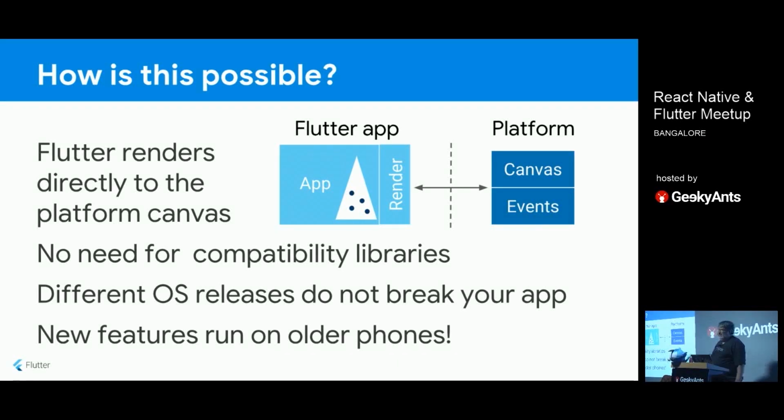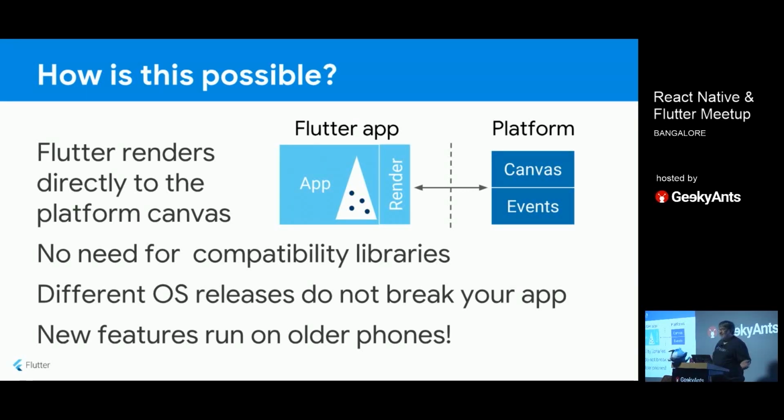Well, you just download the latest version of Flutter, recompile, and you're done, because that's built in. So new features run on older phones, and since you have the new version of Flutter, it will have that new feature on every old platform as well.